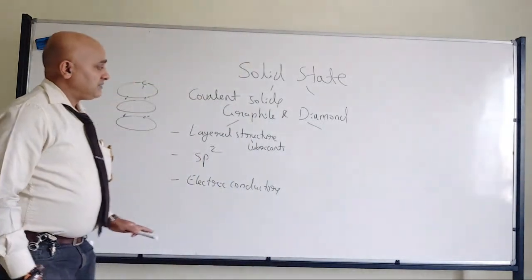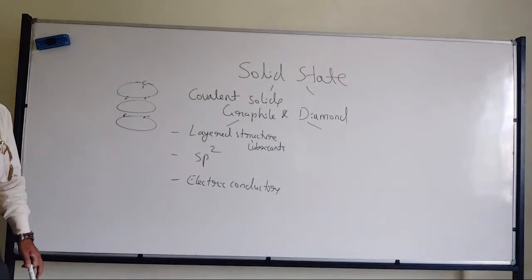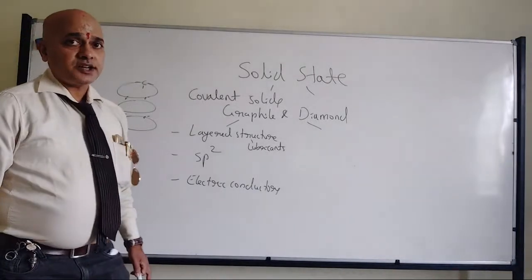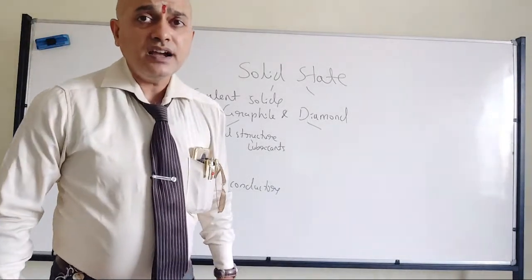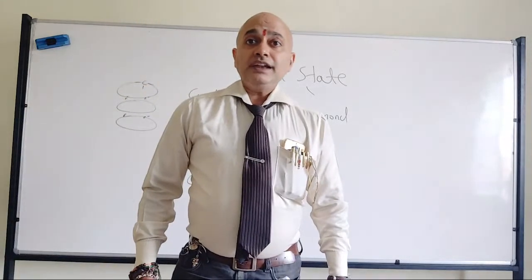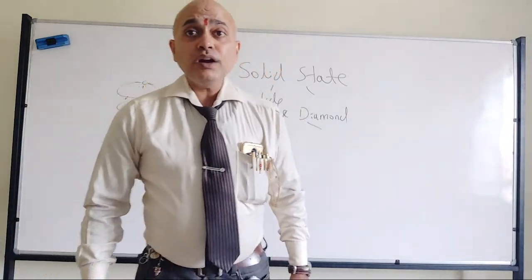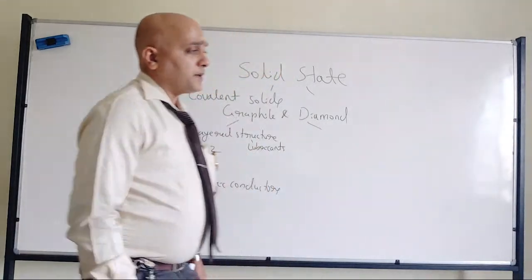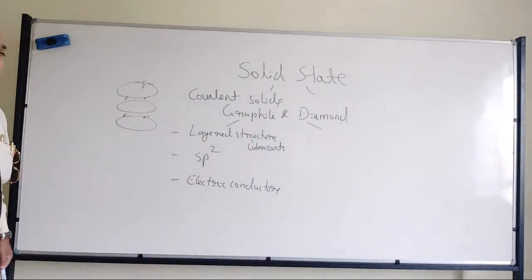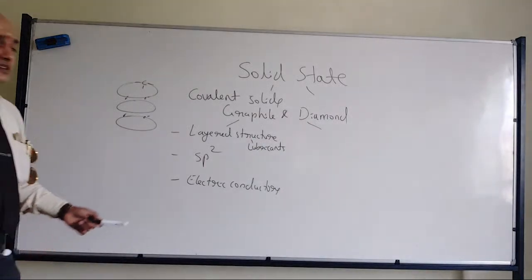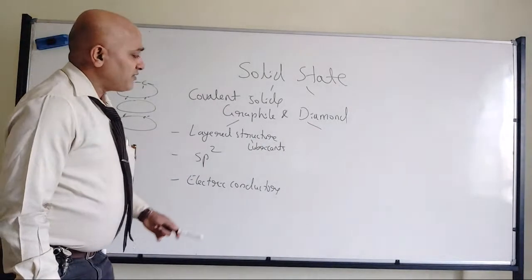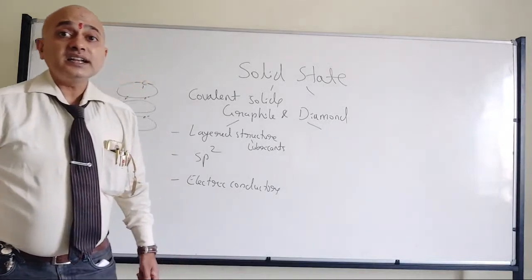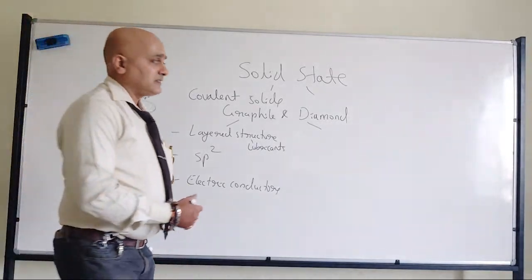So graphite has sp2 hybridization and a layered structure, so it acts as a lubricant. Due to sp2 hybridization, but with no double bond, only single bonds, there will be free electrons. So graphite is a good electric conductor; we should remember this.